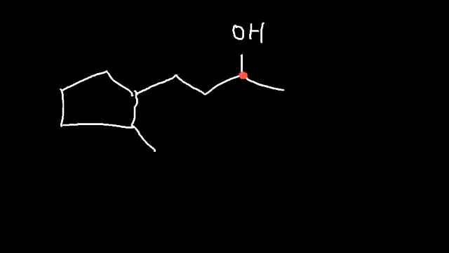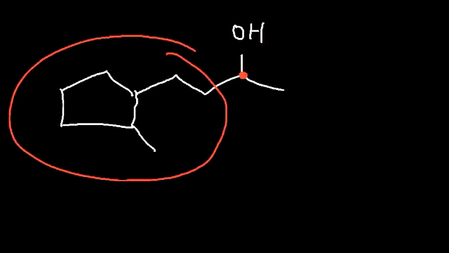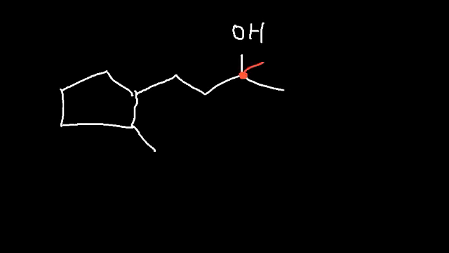So this is a chiral center. We have an OH group, a methyl group, this entire group on the left side, and a hydrogen. Now, so what other chiral centers do we have? The secondary carbons in the middle will never be chiral centers because they have 2 hydrogens. And any methyl group at the end will never be a chiral center.